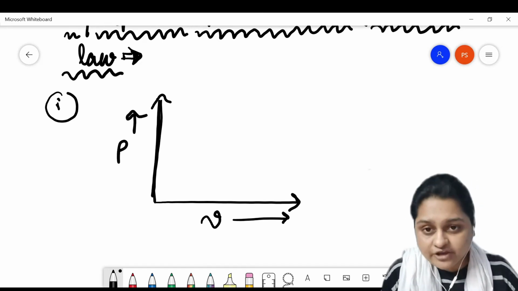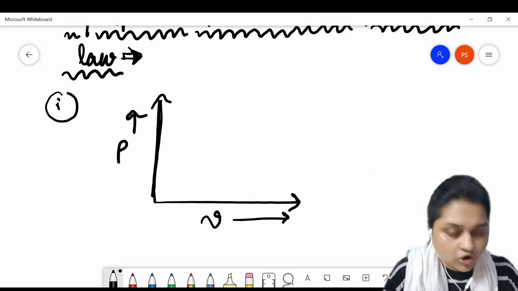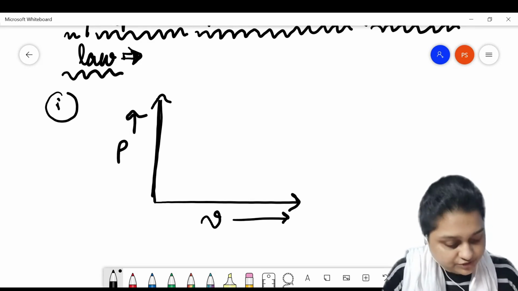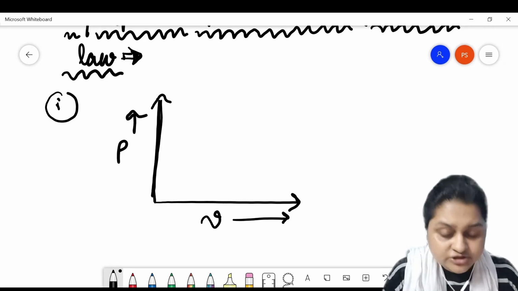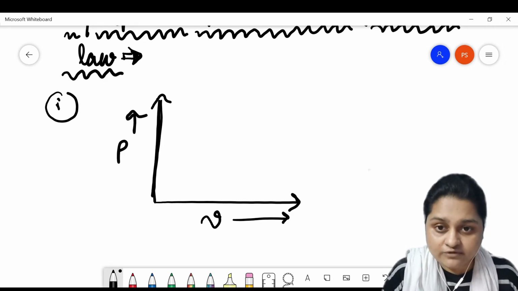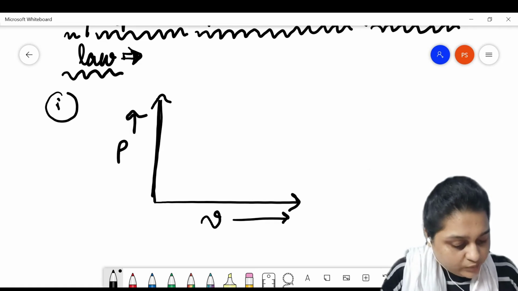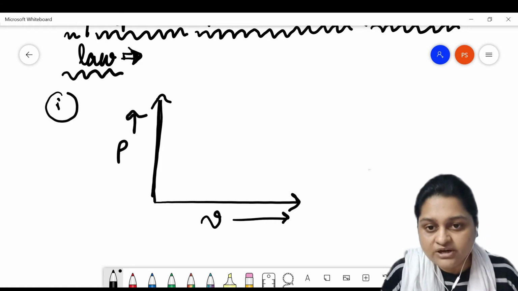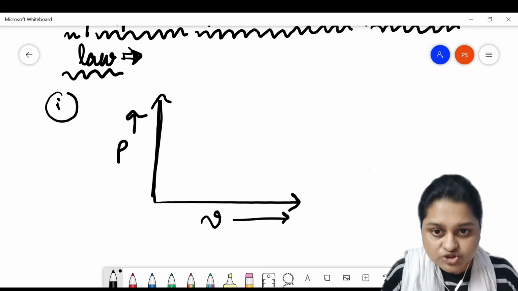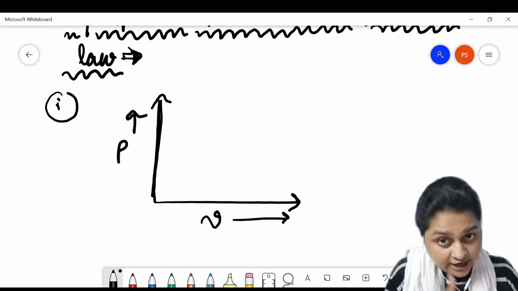Any graphical plot is drawn on the basis of some equation. There are two or three Boyle's law mathematical expressions that we have just studied. We need to take the help of the specific expression for Boyle's law that represents pressure and volume.